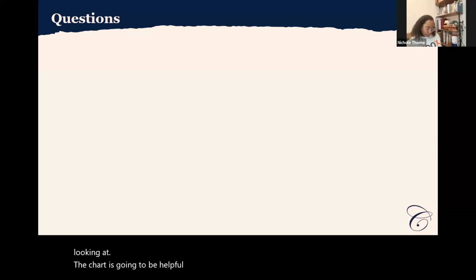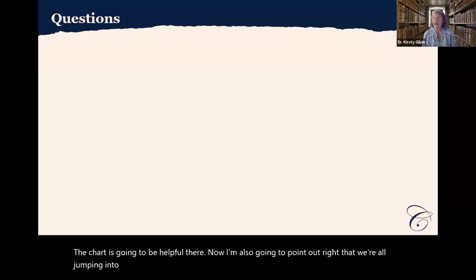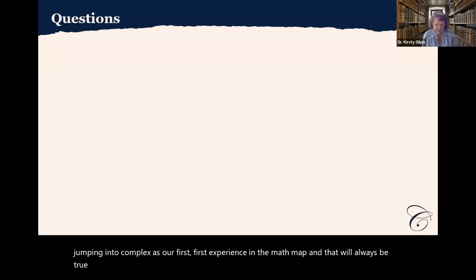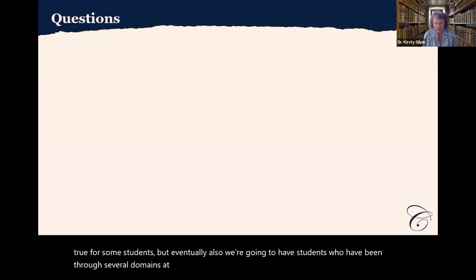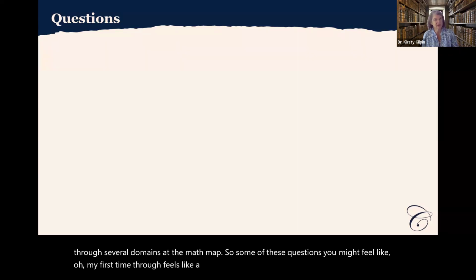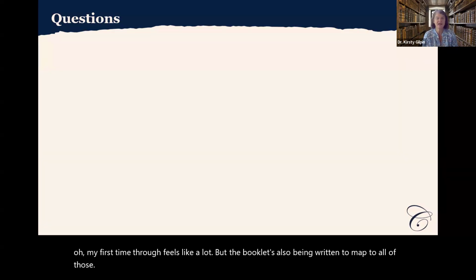Now, I'm going to point out that we're all jumping into complex as our first experience in the math map, and that will always be true for some students. But eventually we're also going to have students who have been through several domains of the math map. So some of these questions might feel like a lot on your first time through, but the booklet is also being written to map to all of those other domains.